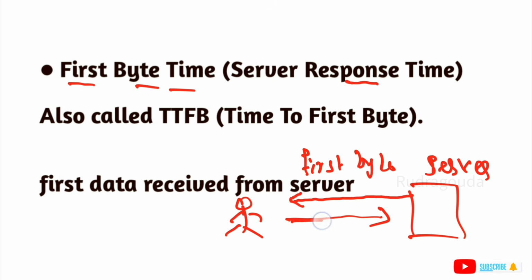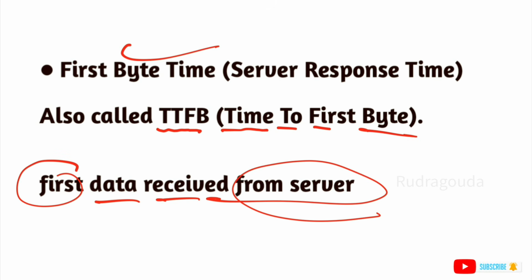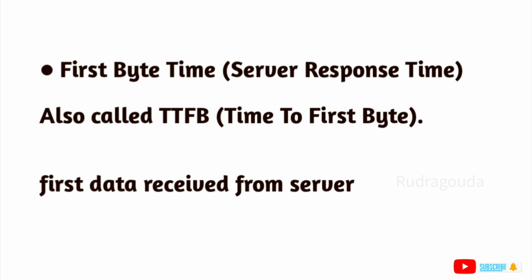First we send the request, then the server analyzes it and gives back the result. The first byte we received is the first byte time. We also call it TTFB, time to first byte. The first data received from the server we call the first byte time. You are getting it, right?